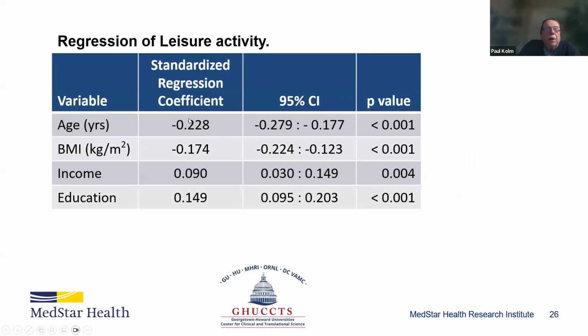The standardized regression coefficients indicate that these are correlations since they're standardized. All four of these are statistically significant. So that's, in a sense, the good news. The bad news is that we have a very disappointing R squared of 0.15, which means that our four variables are only accounting for 15% of the variance in the leisure activity latent variable.